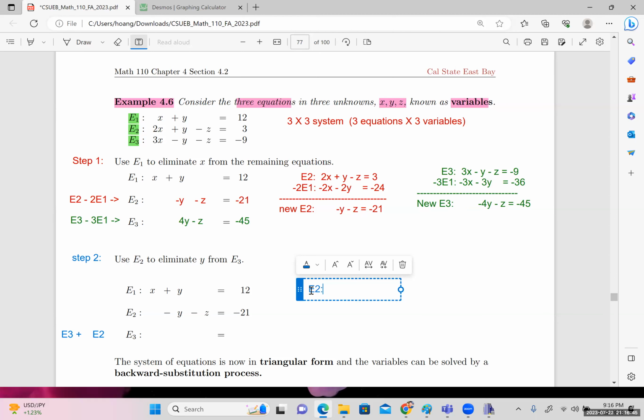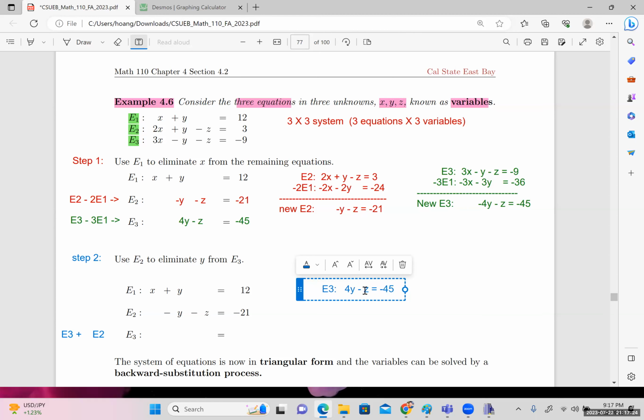Actually, sorry, equation 3 first. Equation 3 was negative 3x, sorry, 4y minus z equal to negative 45.